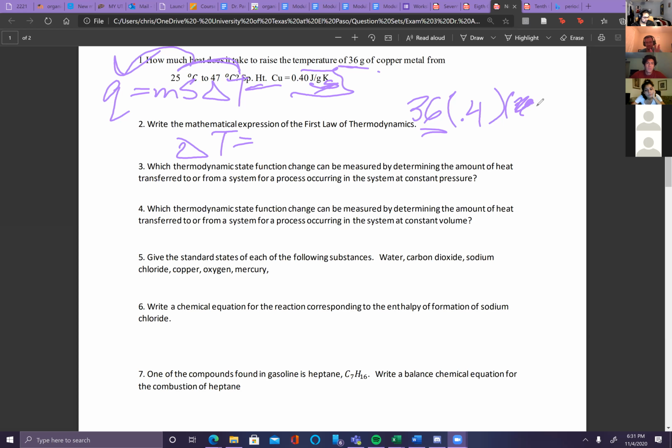But to stop you from being confused, change it to whatever it's asking for. So it says Kelvin, so this is 298.15. And for 47, what would that be? 320.